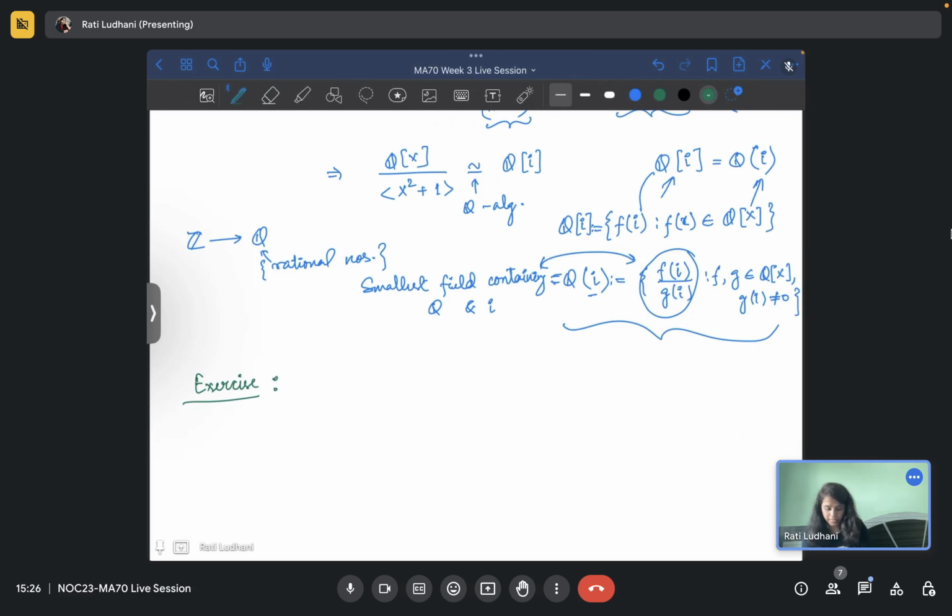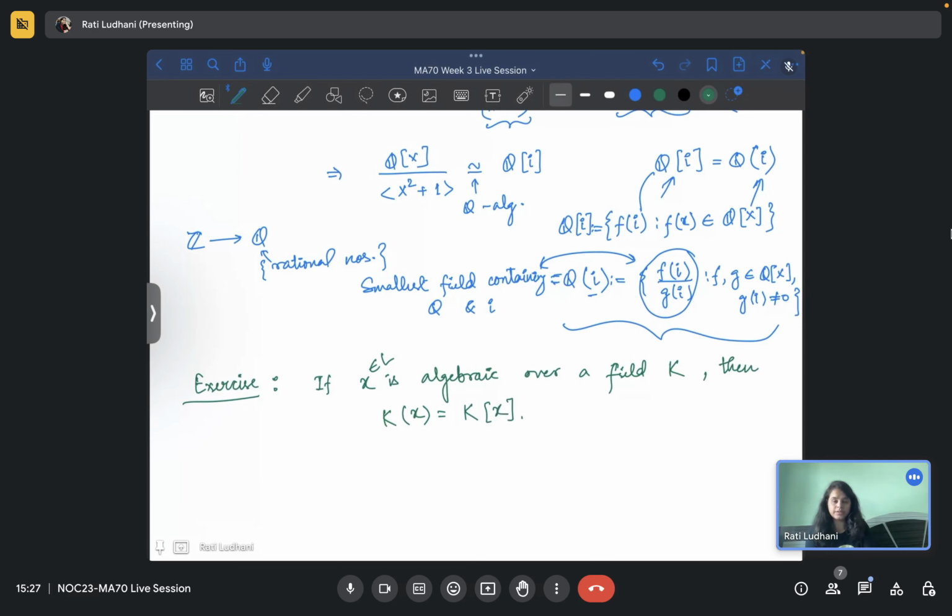In general, if x is algebraic over a field k, where x belongs to some bigger field L, and L over k is an extension, then k[x] is the same as k(x).